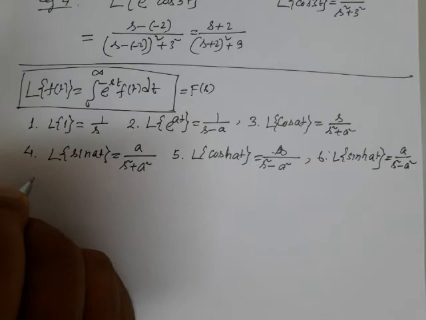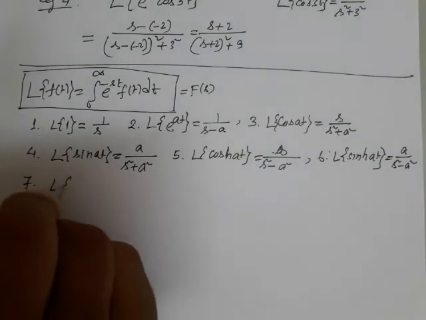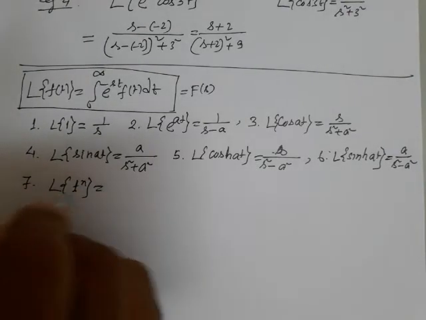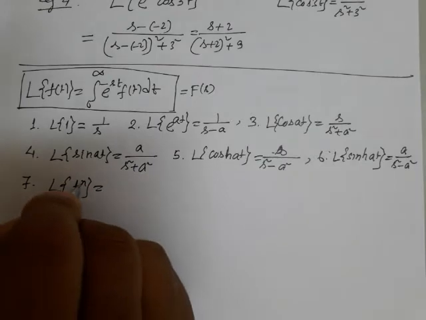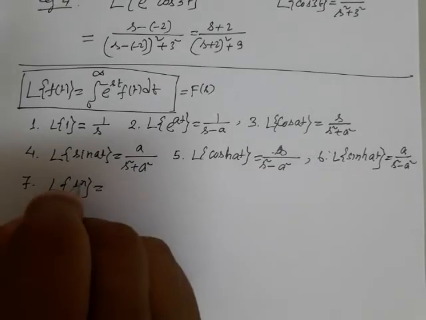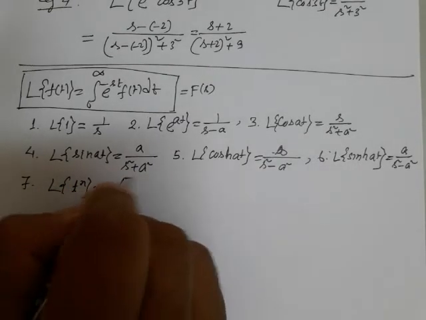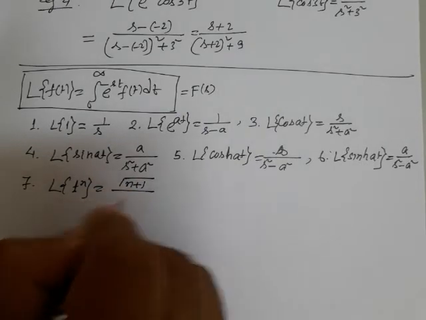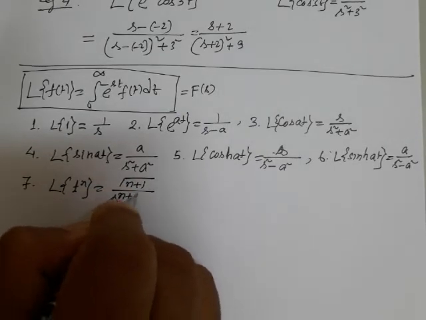Okay, and the last one, 7, L of t power n. So for any n, any positive real number, it will be gamma n plus 1 by s to the power n plus 1.